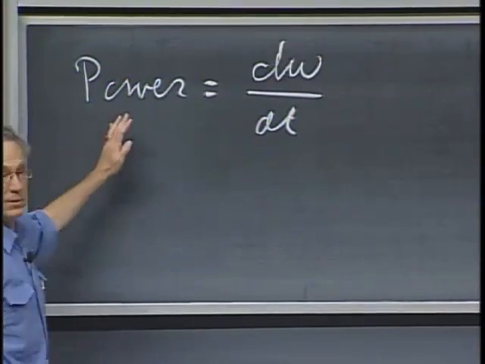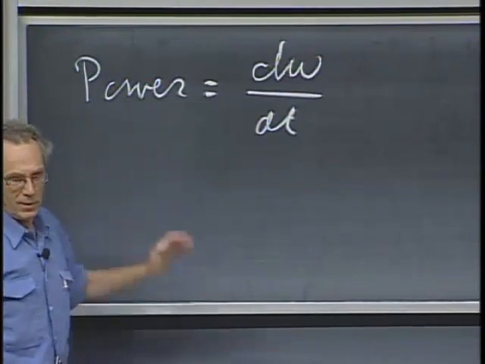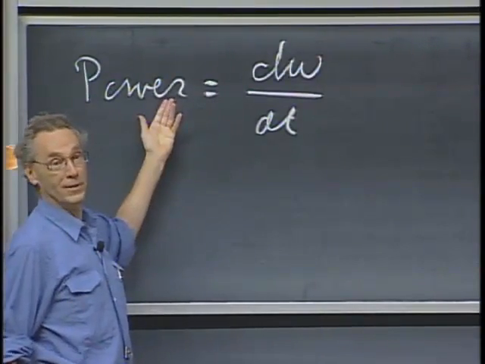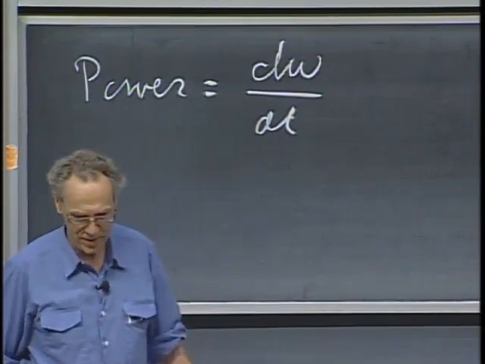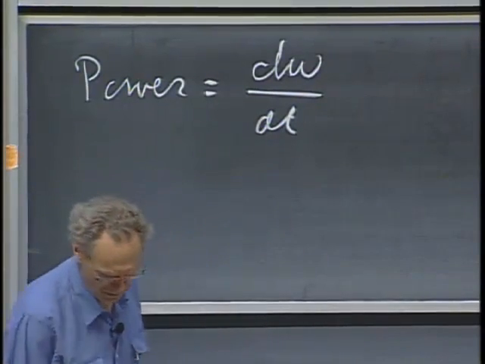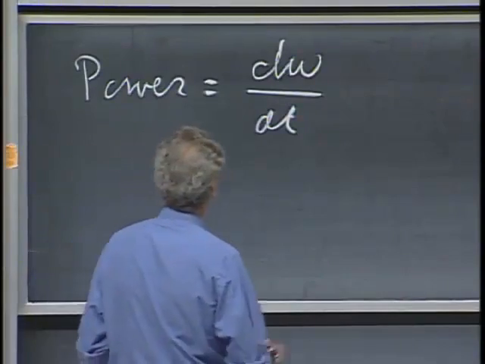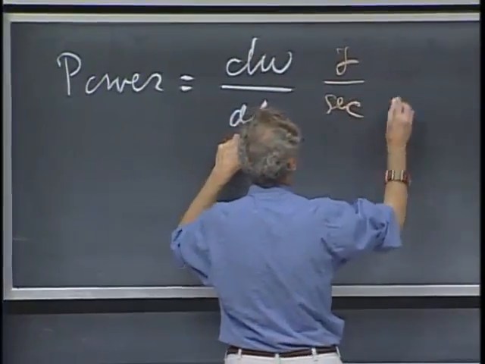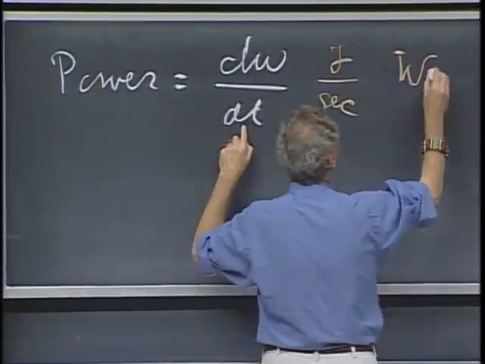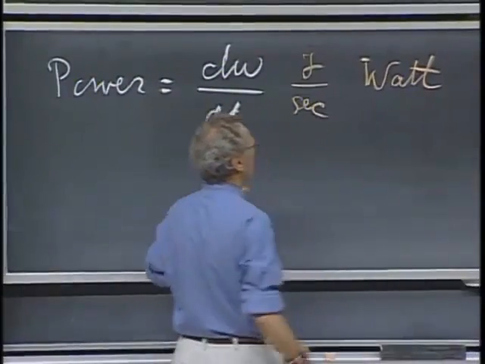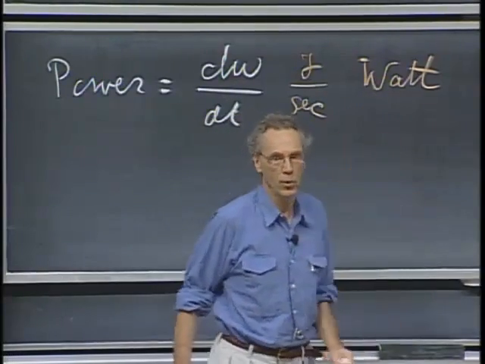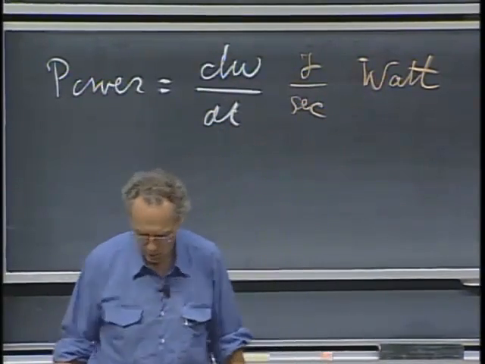That's very different. Political power, you can do no work at all in a lot of time, and you have a lot of power. Here, in physics, life is not that easy. The units of power are the units of work per time, which is joules per second, for which we often write W, which is named after the physicist Watt. Don't confuse this W for work with the W for watt, which is 1 joule per second.